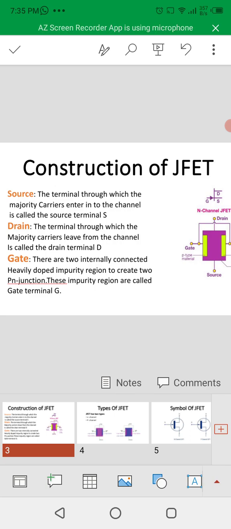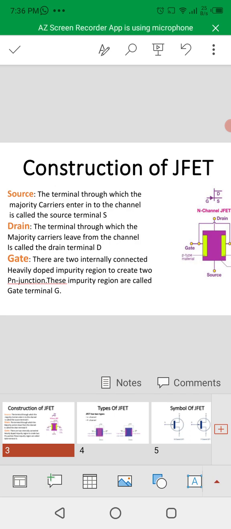Firstly, we want to know what is JFET. JFET is a junction field effect transistor. It is one of the simplest types of FET, field effect transistors.